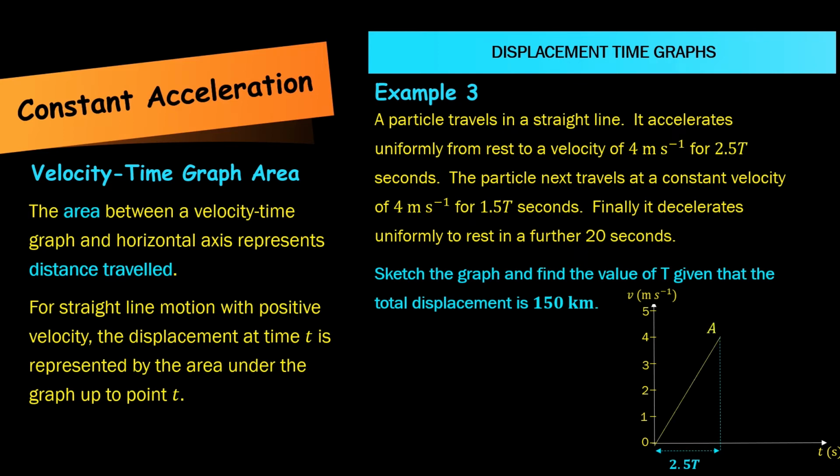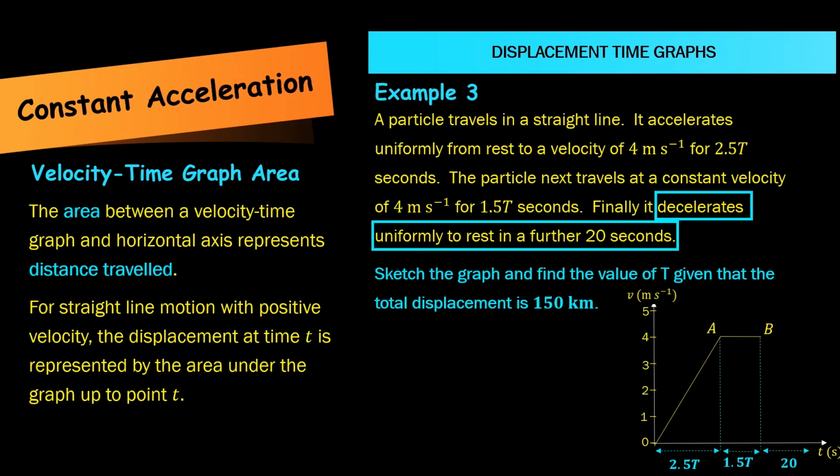So here's the first part of our journey, O to A. For the next part, the particle travels at a constant velocity of 4 meters per second for 1.5 t seconds, as shown here.